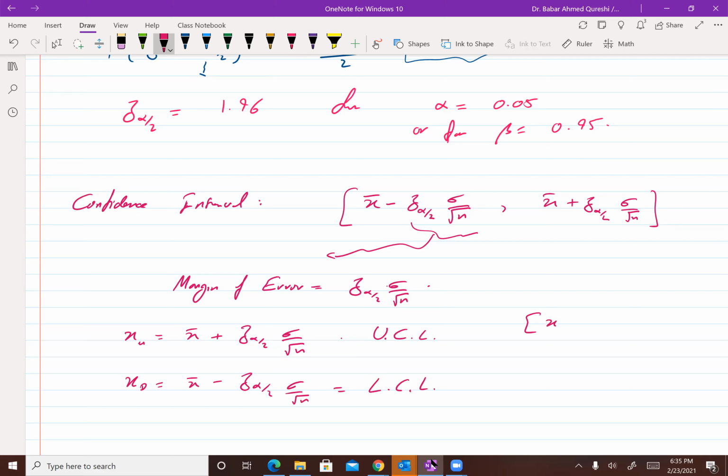So you got a value x bar in your sample, but you're going to compute this interval, which goes from the lower to the upper limit, symmetrically around your estimate.